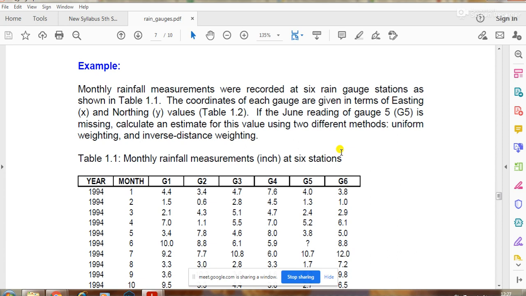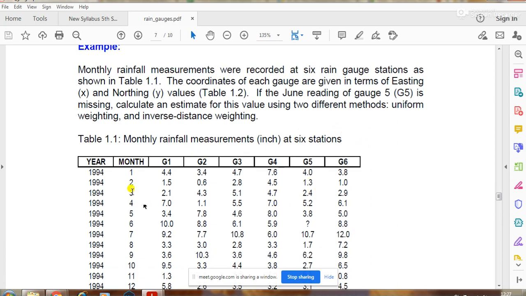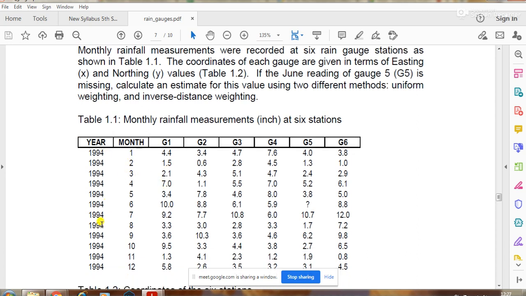There is a table provided over here. The rainfall measurements are given. In the year 1994, the recording was done as per this figure. You can see that there are six rainfall stations, mentioned as G1, G2, G3, G4, G5, and G6.